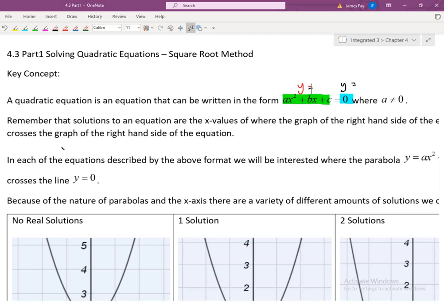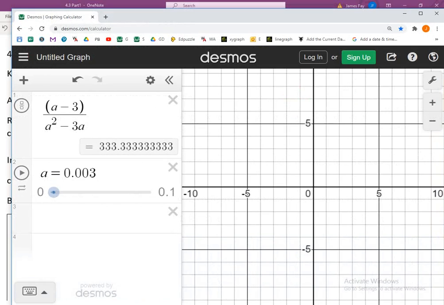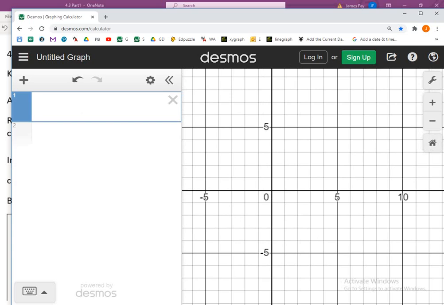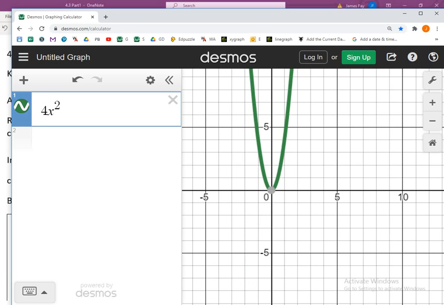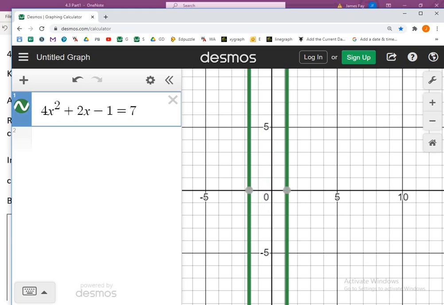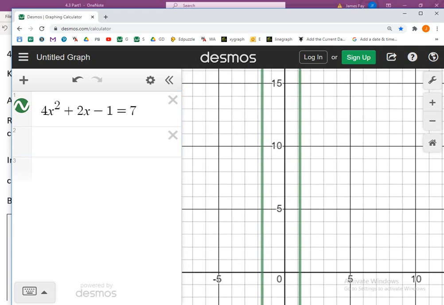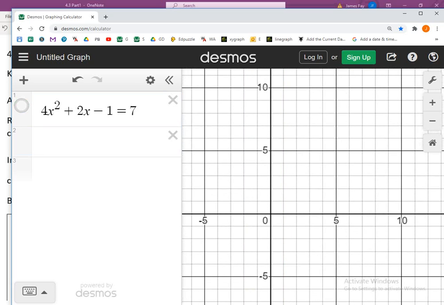Let's do a quick example in Desmos. Let's say we've got the equation 4x squared plus 2x minus 1 equals 7.